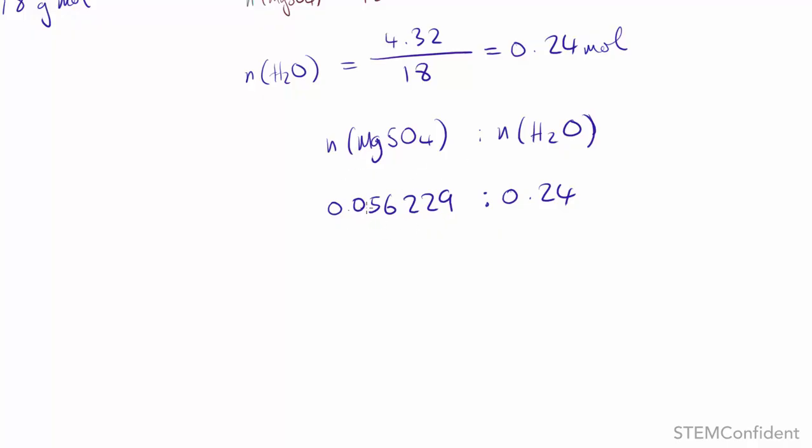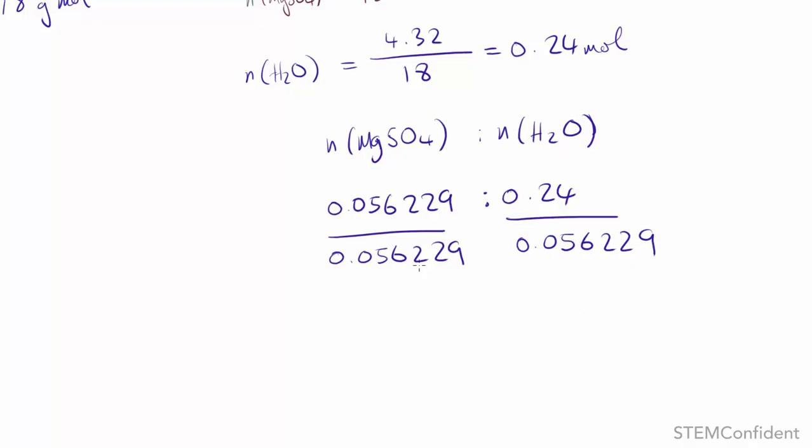And how do we do that? Well, the way to do that is, of course, to divide this value by itself. So if we divide it by 0.056229, we're going to be able to get 1 on this side. And given it's a ratio, what we do on the one side, we need to do on the other side. So we also need to divide 0.24 by the same, 0.056229.